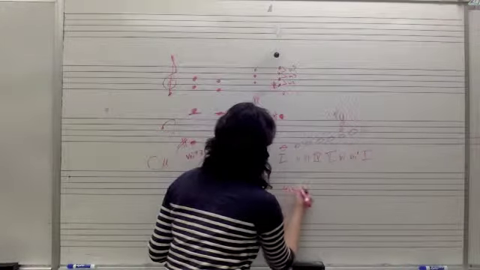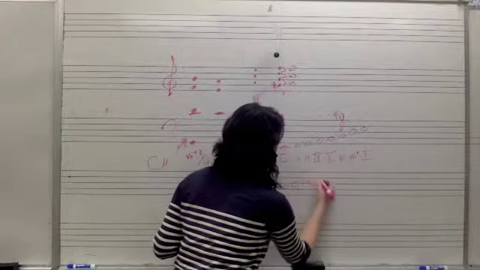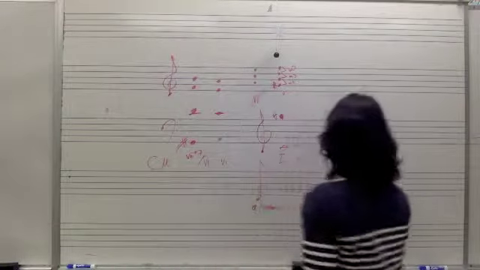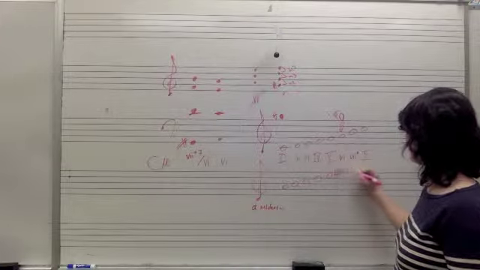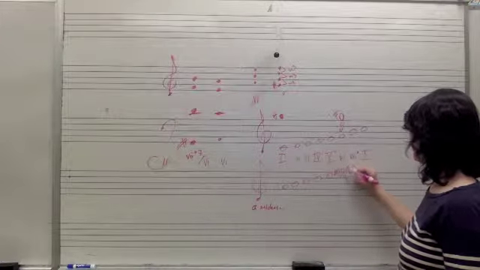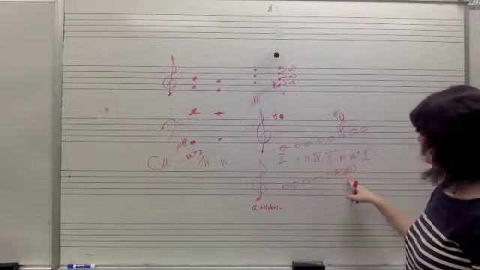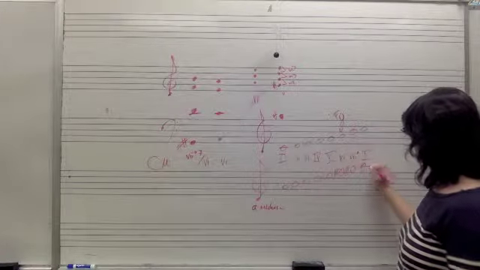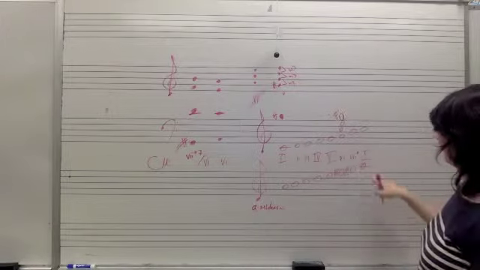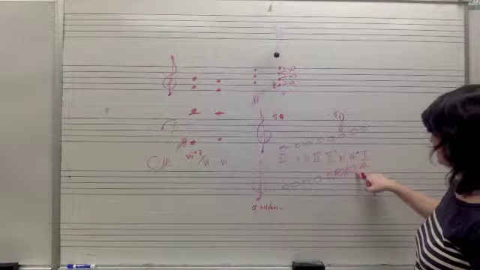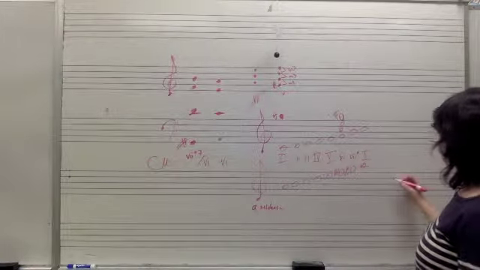So here's A, B, C, D, E, F sharp, G sharp, right? If we raise the 6th and 7th, there's melodic. So that G sharp fits right in, all right? Just like that. And then we can build our chord off of that.